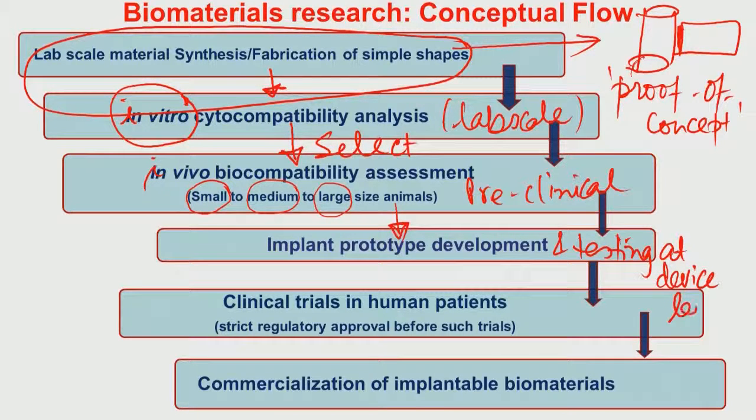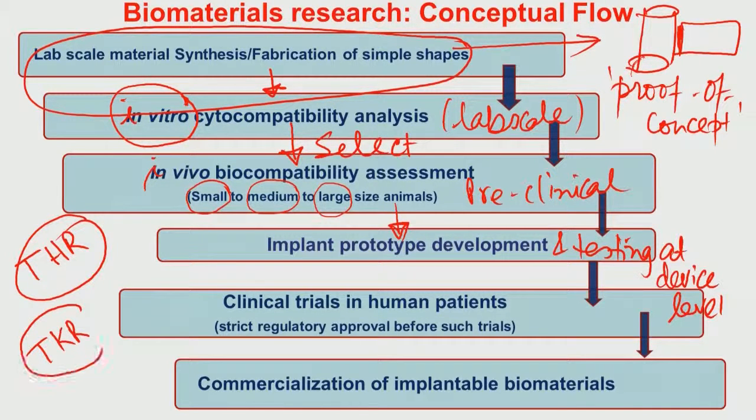Now, just to give you two examples in the context of orthopedic or bone tissue regeneration applications or bone tissue engineering applications, one is THR and another one is TKR. THR stands for total hip joint replacement, TKR stands for total knee replacement device.